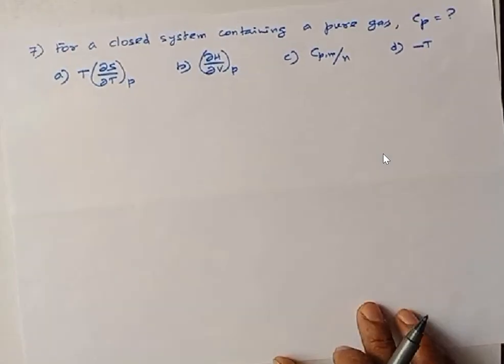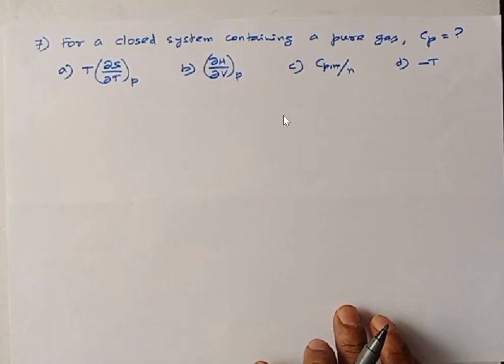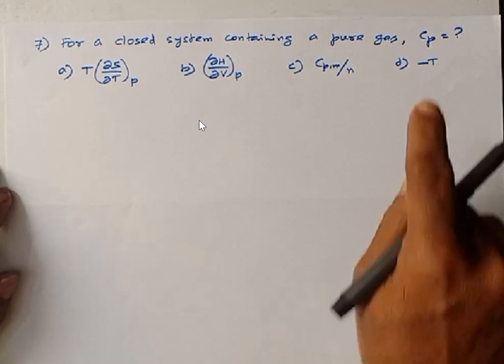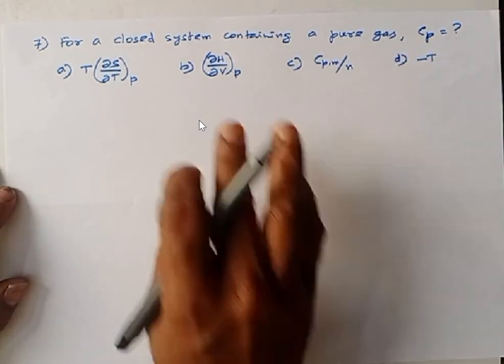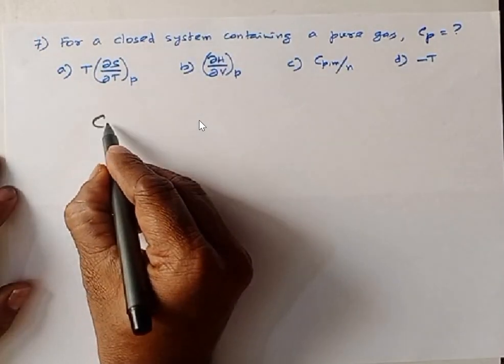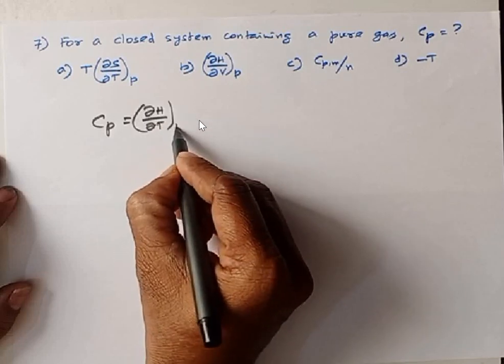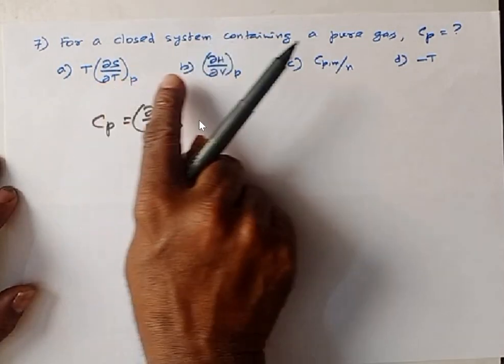Question number 7. For a closed system containing a pure gas, Cp equals what? They are asking for heat capacity at constant pressure for a gas. We know very well Cp is nothing but dou H by dou T at constant pressure. Just check the options.